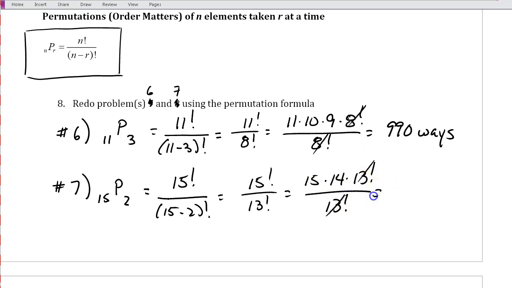Those will cancel. We end up with 15 times 14, or again, 210 ways. You'll notice this formula is very similar to combinations, except we have to add one more element in the bottom when we get to combinations, like we used for the binomial theorem.